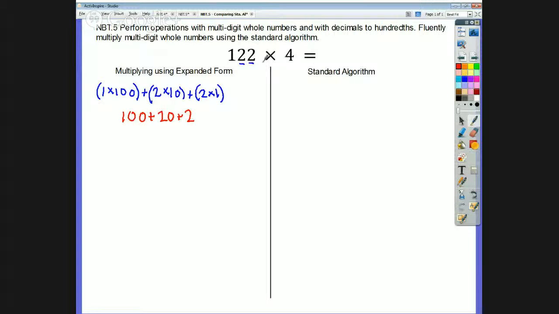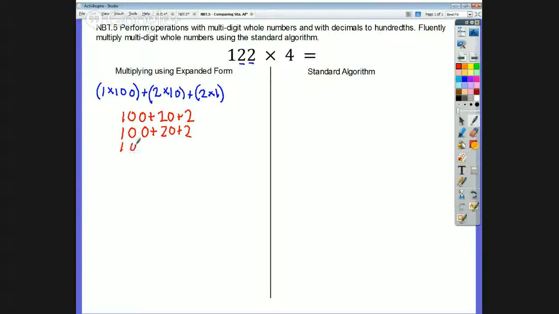We talked a lot about multiplication in class the other day, and one of the ways we describe multiplication is just repeated addition. So I have this number in expanded form, and when I multiply it by 4, it just means I have this number 4 times. So I'm going to put this number in expanded form like this underneath, for a total of 4 times.